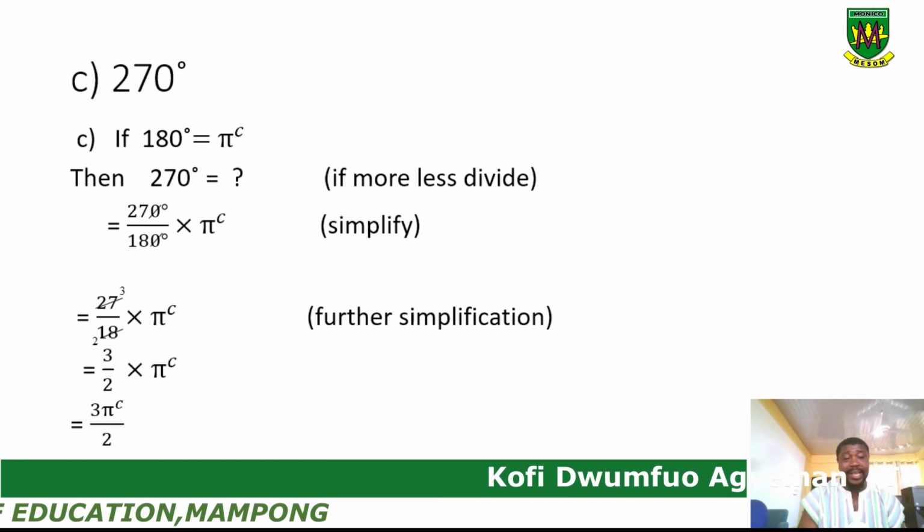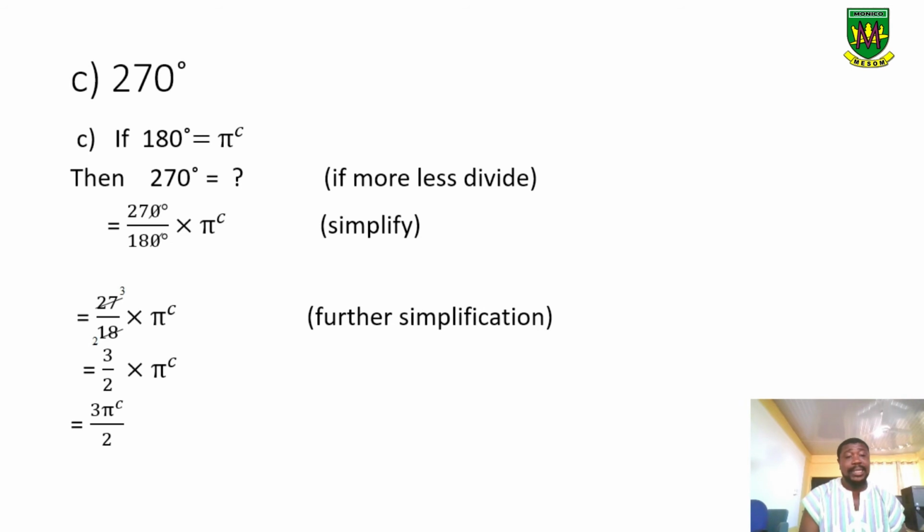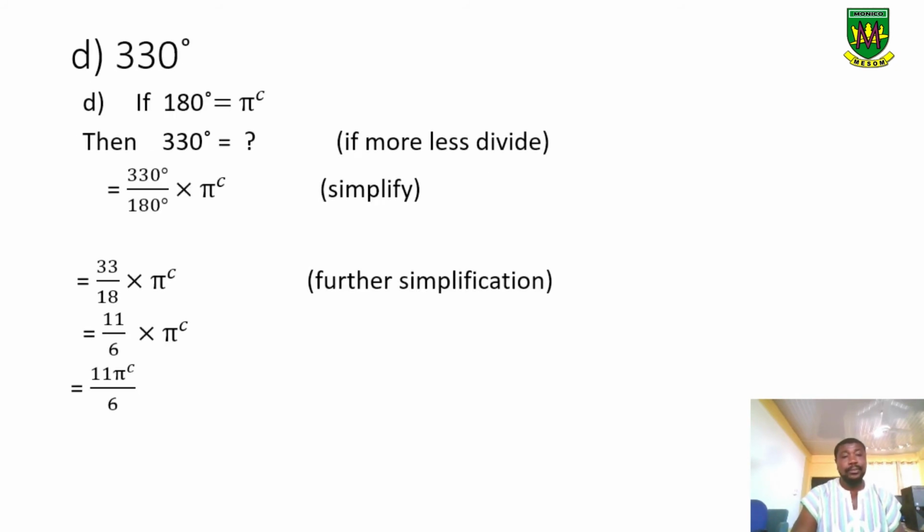Further simplification, we have 9 will go into 27, 3, and 9 will go into 18, 2, times pi radians. And this will be left with 3 halves times pi radians. And this will give us 3 on 2 pi radians.